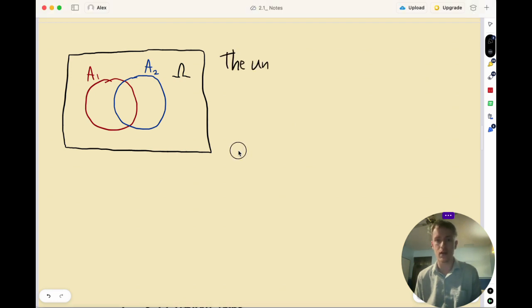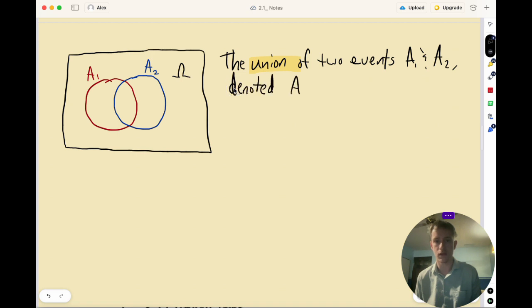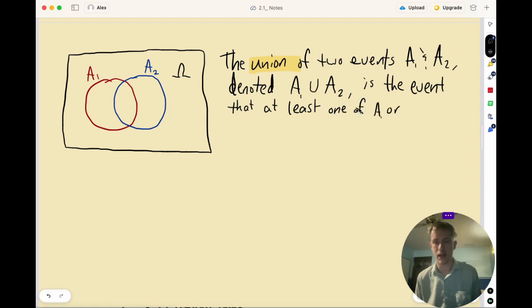So we say the union of two events A1 and A2 is denoted A1 union A2, where this looks like the letter U. It's the event that at least one of A1 or A2 occurs.